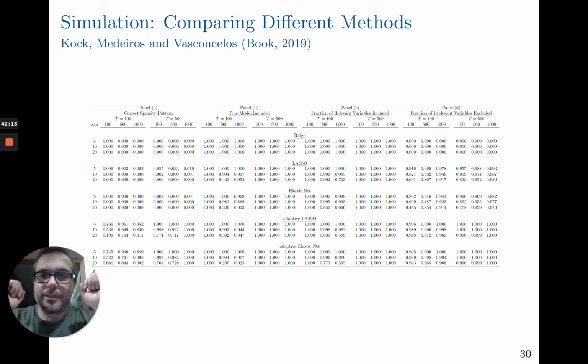This table is interesting. I'm going to zoom in there. It's an additional result from a book chapter that I have with Anna Spock and Gabriel Vasconcelos, where we extended these simulations to also include elastic net, adaptive elastic net, ridge and lasso, okay?